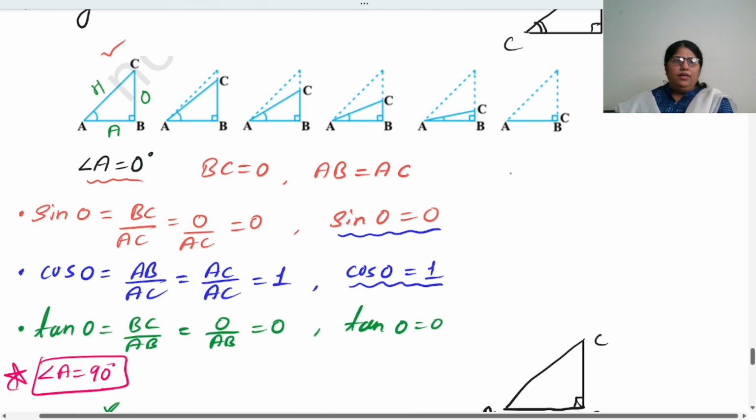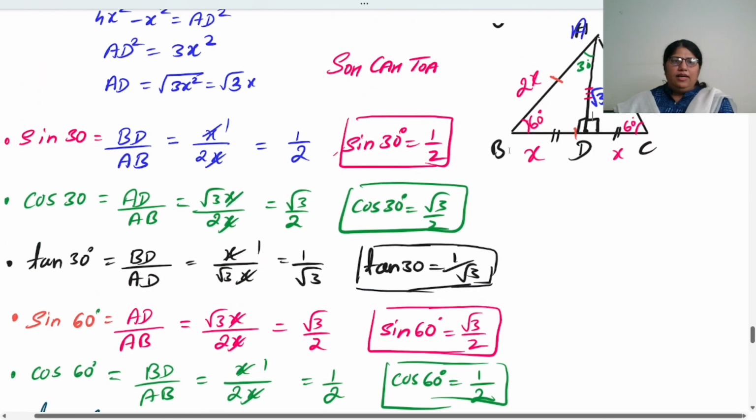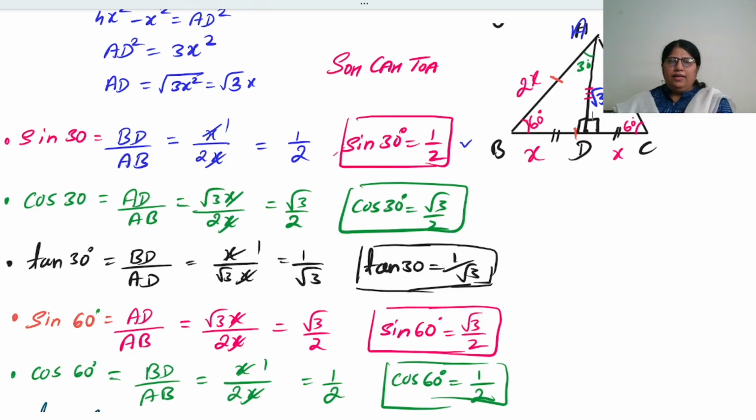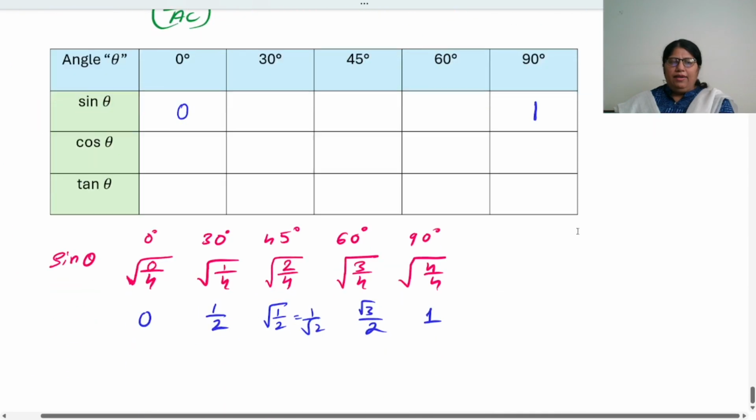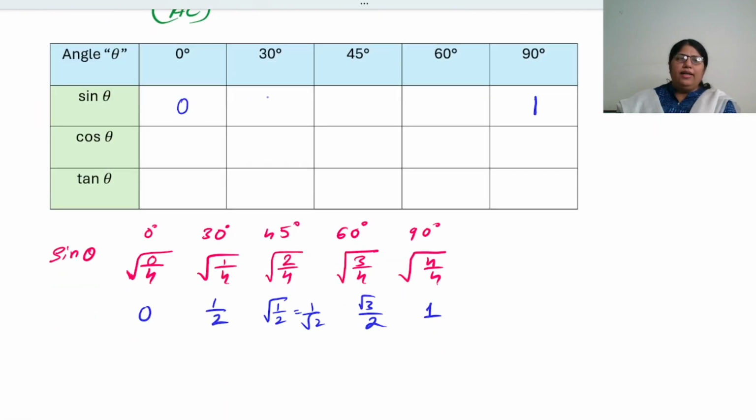Wherever you got 30 and 60 degree, you can see that sine 30 is 1 by 2, sine 60 is root 3 by 2. So I can take it here, and using these roots also you are getting the same value. This is 1 by 2, this is root 3 by 2, and this is 1 by root 2. Right? If you remember these rules.